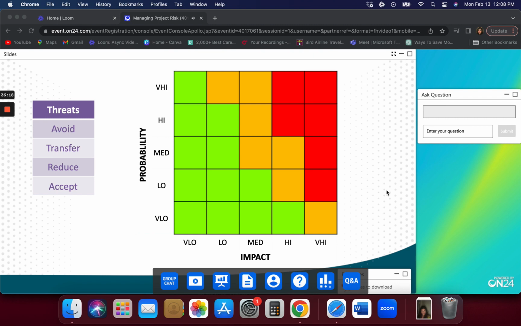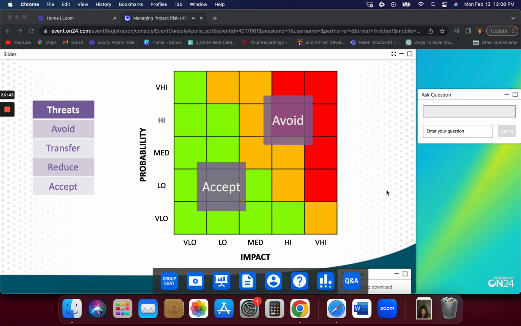So if it's very low probability and very low impact, we've got bigger fish to fry in terms of moving up to the top and to the right. We can probably most comfortably accept risks in that area. By the same token, if you could avoid risks, where would you want to avoid them? Potentially, if you could, it would be top right.